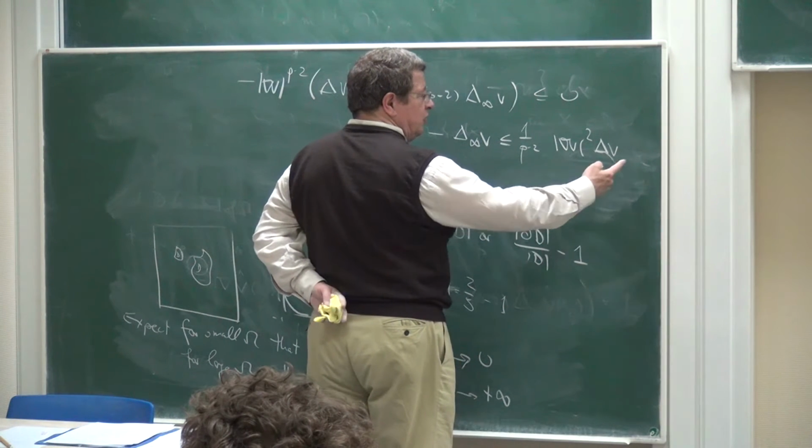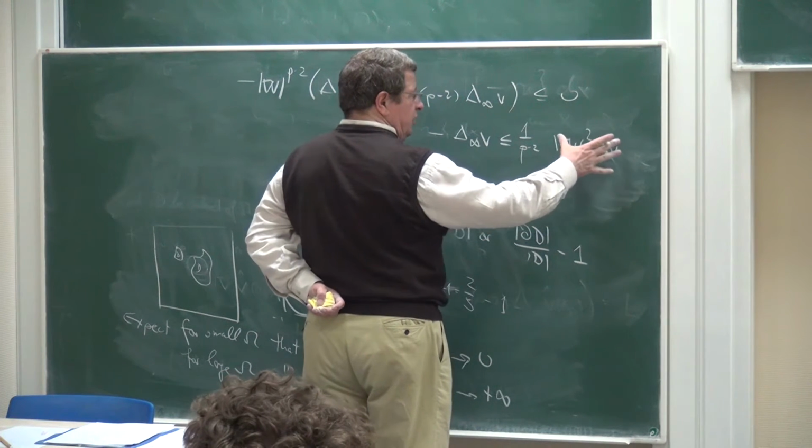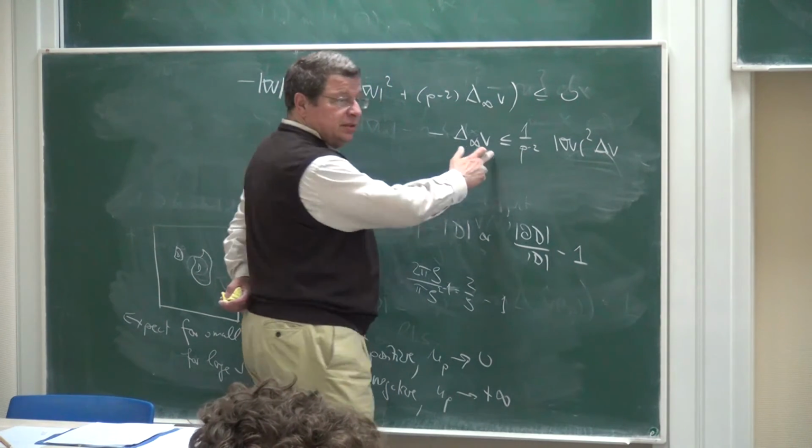Now this is a smooth function, and the argument x_p approaches x infinity, so this remains bounded. This one goes to 0, and this one is here.